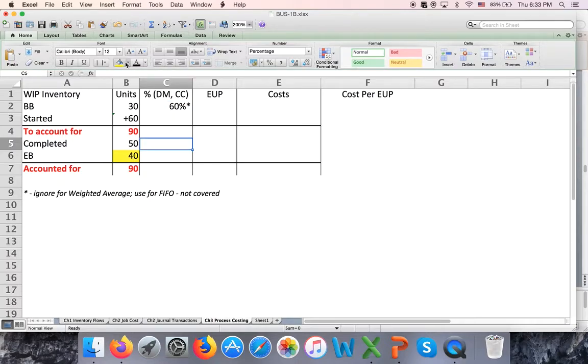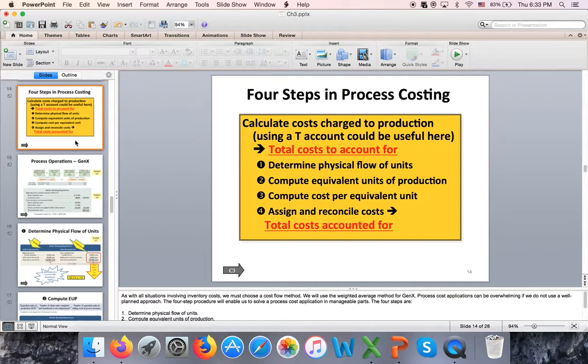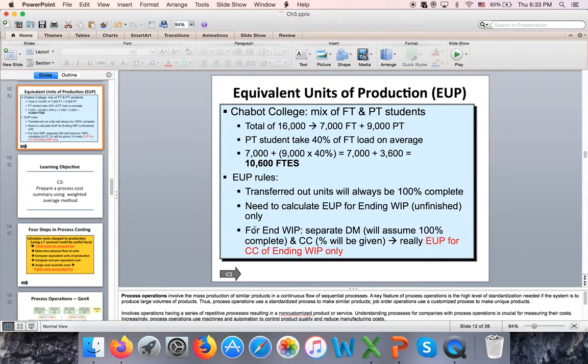Completed, of course, is not given to you, but it's going to be 100%. Otherwise, they would not have been completed. And this, I'm just making up, this is the important one, 80%. So again, I want to go back to the slide, and it says right here, we only will need to calculate EUP for conversion costs of engine WIP only.